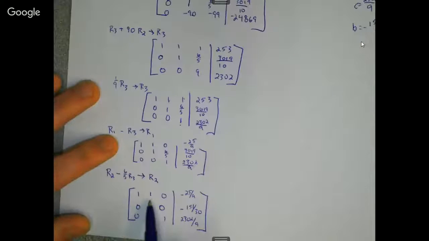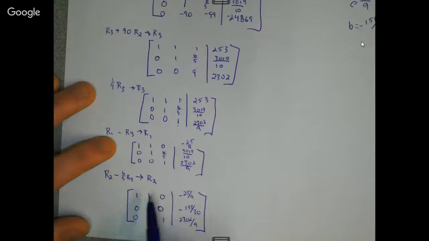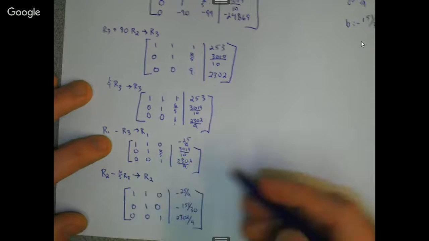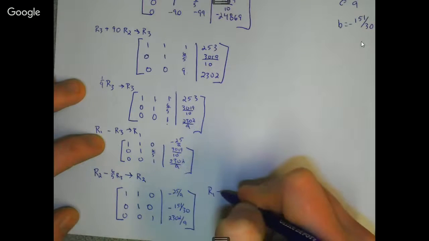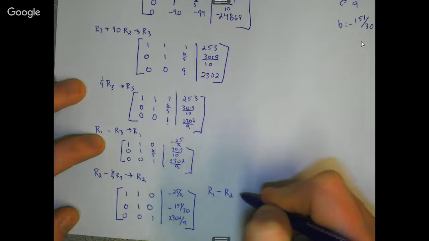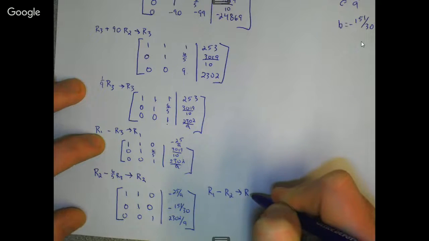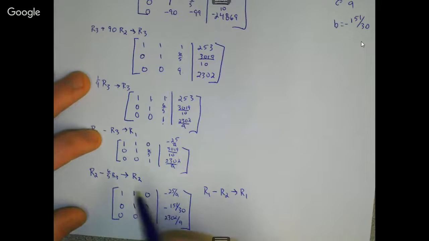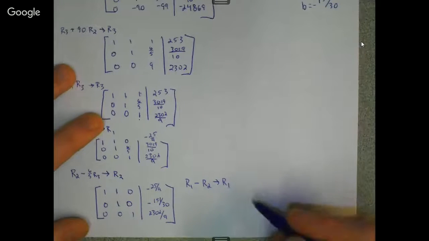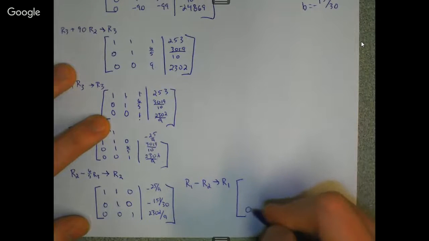Now notice the last thing I need to do here is make this a 0. And I'll do that by simply subtracting row 1 minus row 2 back into row 1, or you can just substitute it in and figure it out. Okay, so when I change that, this one stays the same.